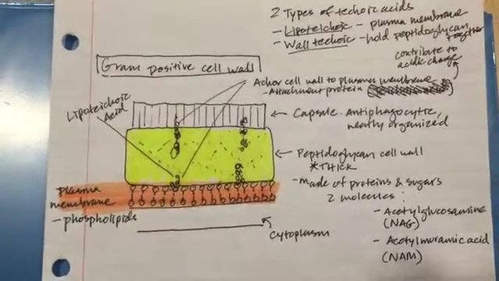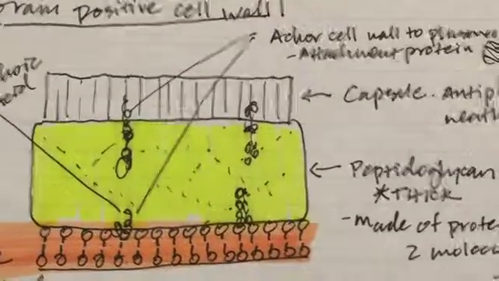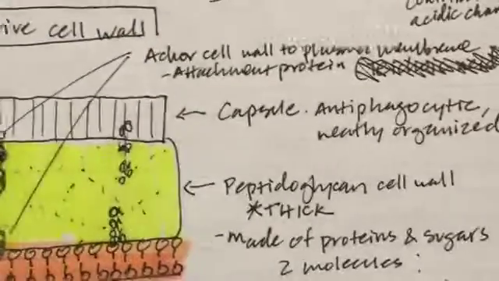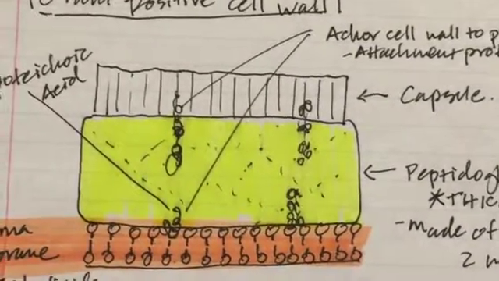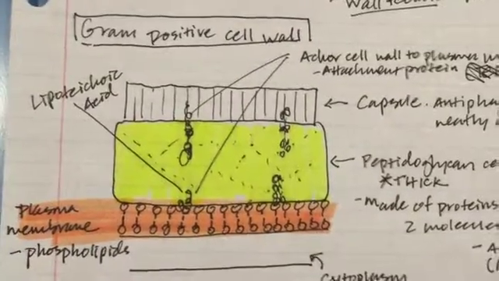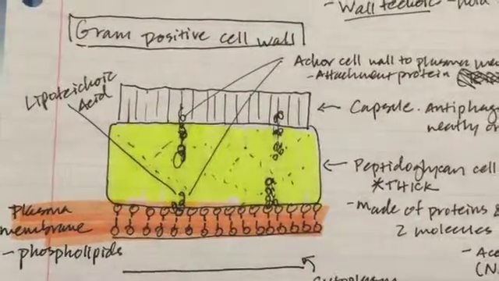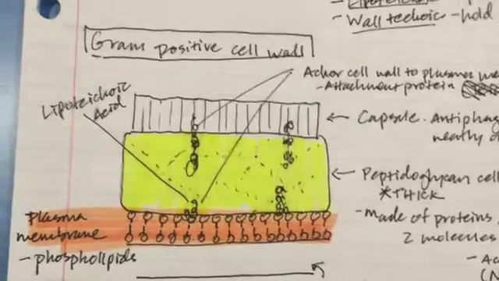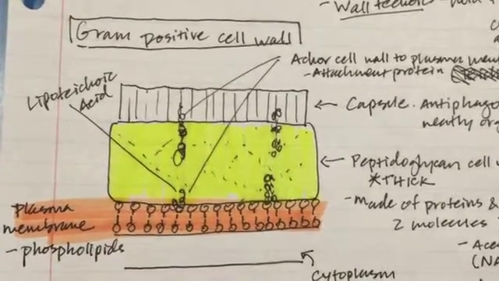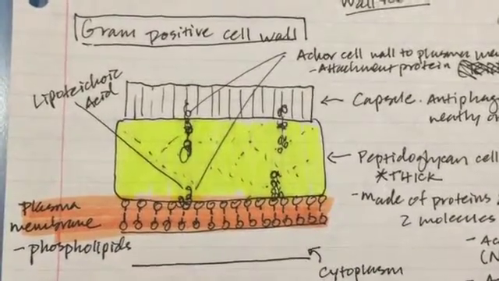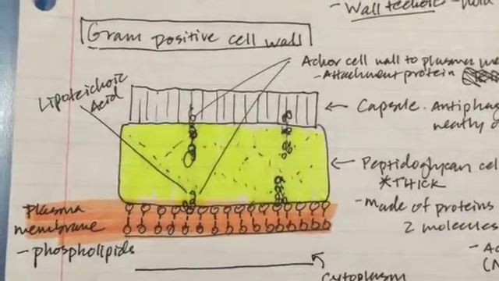Important features in a gram-positive cell wall, you'll notice this really thick layer of peptidoglycan. So that big yellow chunk there in my drawing would represent that structure. That peptidoglycan layer helps the bacteria maintain its shape and it provides structure.